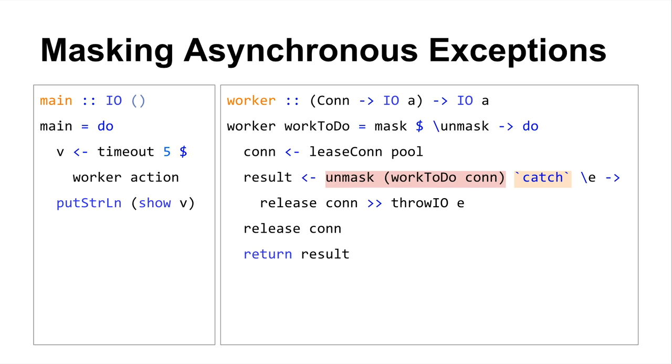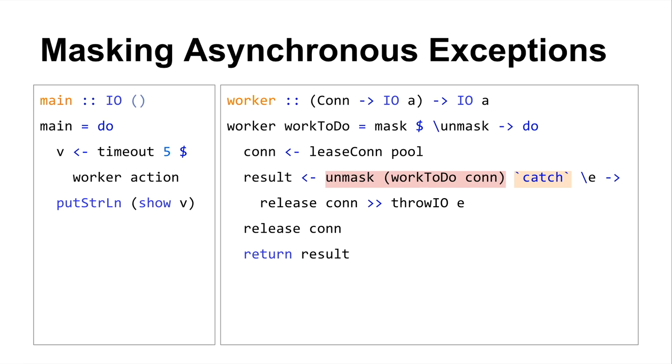You saw that when I was sleeping on the right-hand side, and I timed out that sleeping thread on the left-hand side, the expression that was replaced with the asynchronously thrown exception, you could have wrapped a catch around that. You didn't actually have to use mask. So if you could approximate what mask is doing by wrapping every single expression in your program in a catch, I guess it would allow you to do something similar.